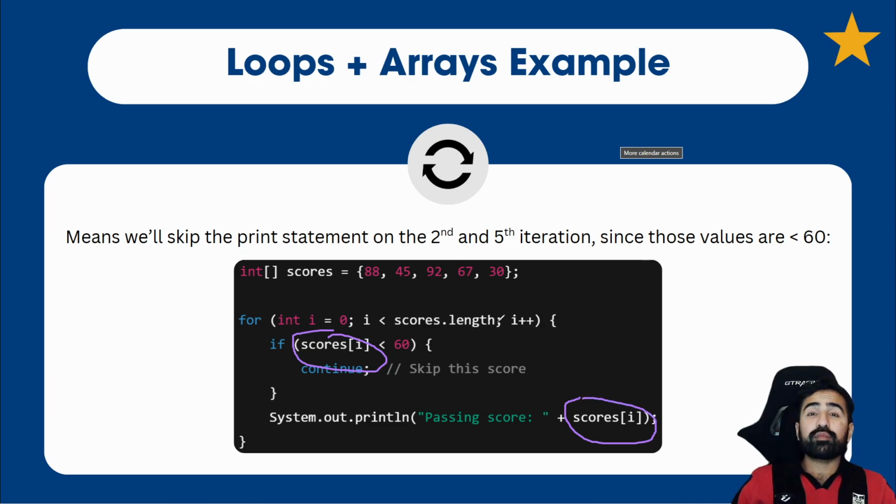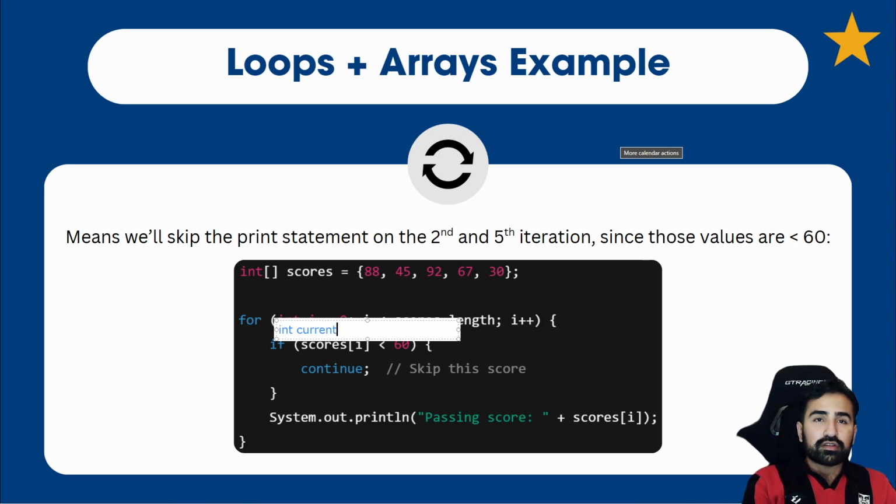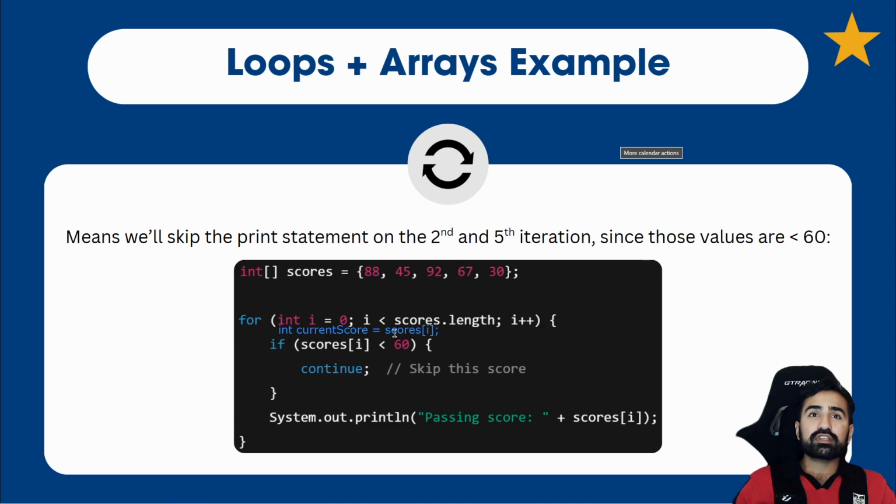Now, a smart programmer, instead of repeating this code, might declare a variable here that says int currentScore. Let me just type that out because I'm terrible at writing with this pen. We're going to say int currentScore is equal to scores[i]. So an intelligent programmer would put this line of code first, and then instead of repeating scores[i] multiple times, they could just put currentScore. It does the same thing.